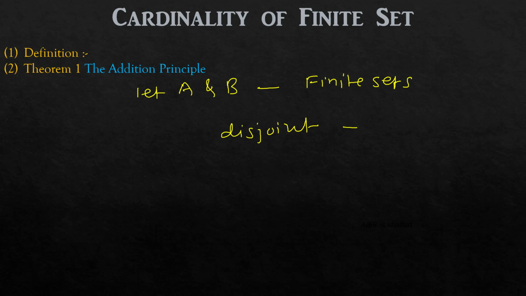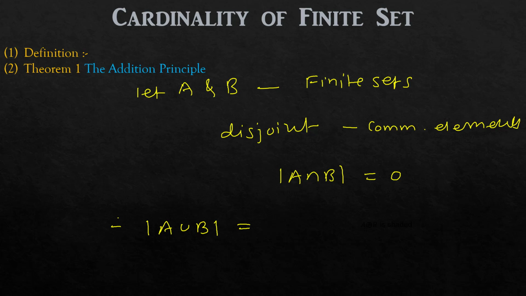They don't have common elements, right? That is, the cardinality of A intersection B is equal to 0. Therefore n(A union B) is equal to n(A) plus n(B). This principle is considered the addition principle.